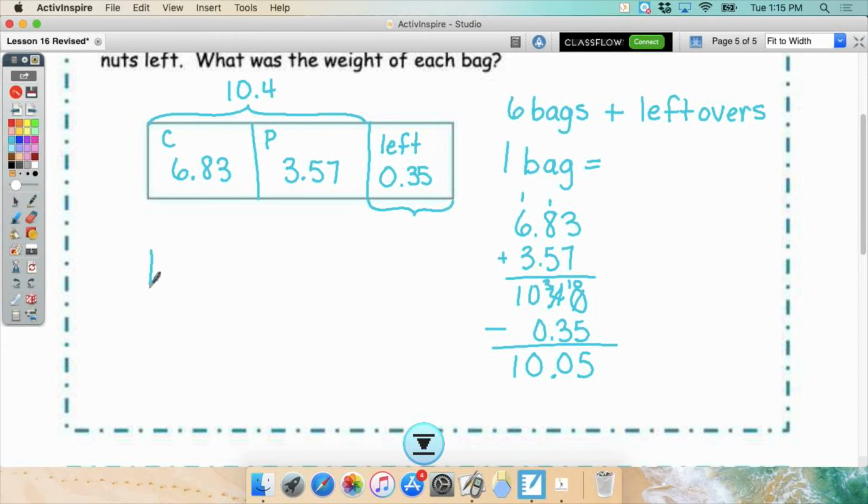10. Okay, so let's take a look at this. It doesn't matter how big your tape diagram is. We've got a total now that we've got to work with. How many bags? 6.